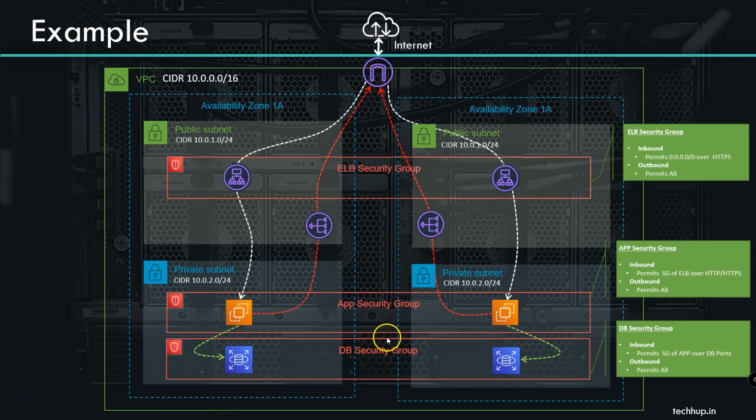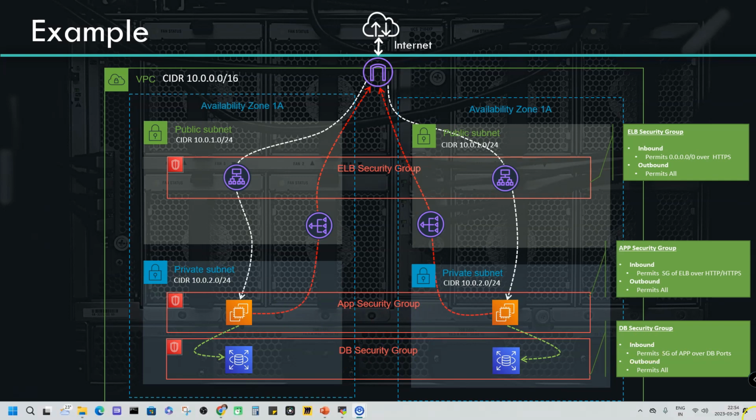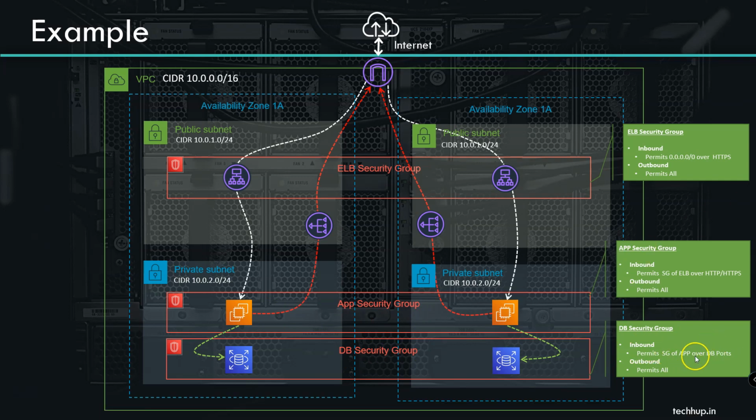And then we have the DB security group, for which the inbound connection permits the security group of the app over DB ports, whichever DB port may apply to these database instances. That means the app security group is being referenced as a source for the DB security group.